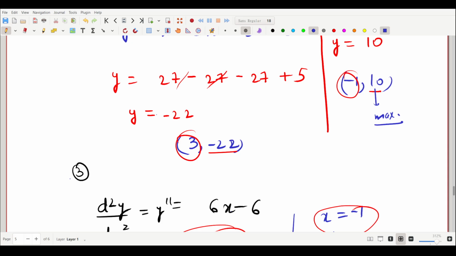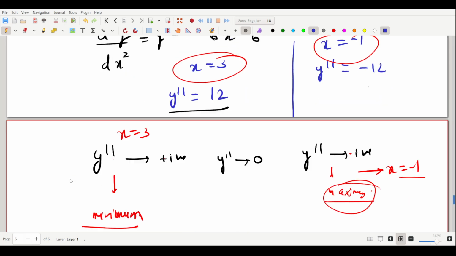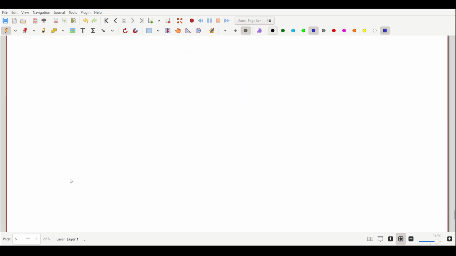This is how we solve it. That means this point gives the minimum value, and at the second point the maximum value is known. How did we solve this question? First of all, from the given equation of y, find dy over dx, y dash.